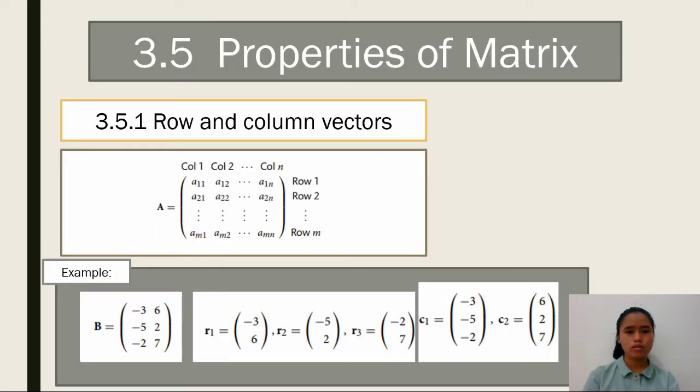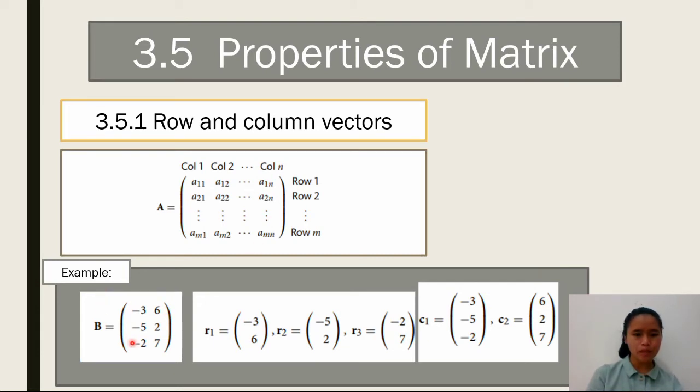Okay, next is 3.5 properties of matrix. 3.5.1 row and column vector. In chapter 1 we already learned about row and column vectors, right? These are columns and rows.